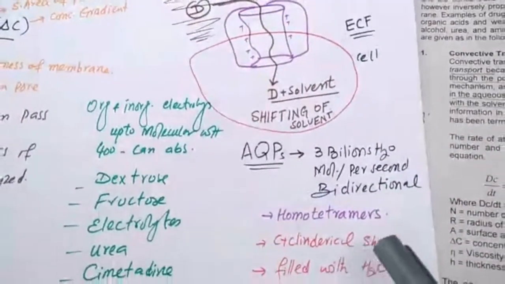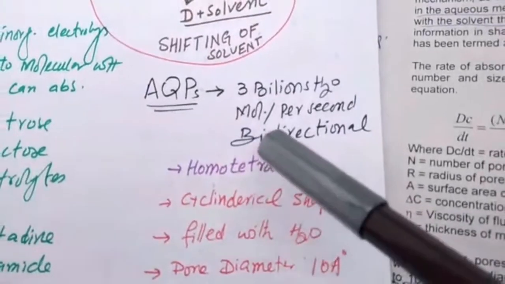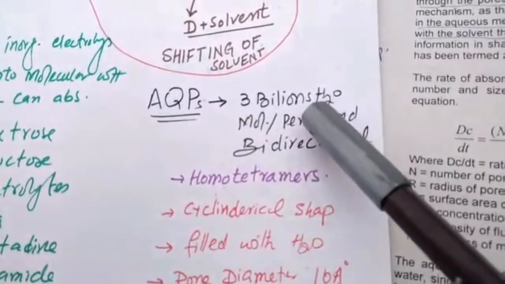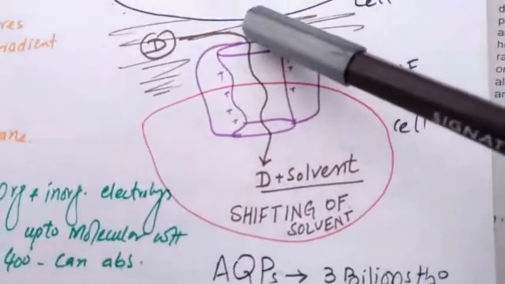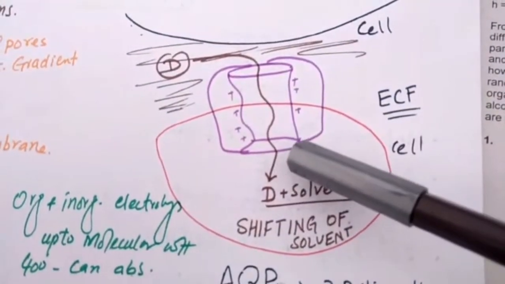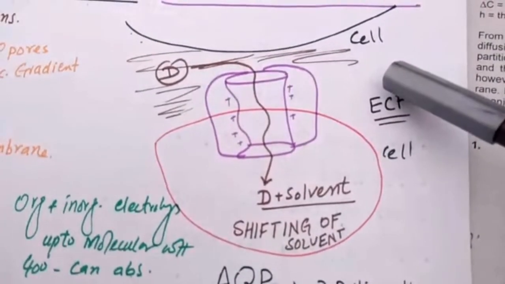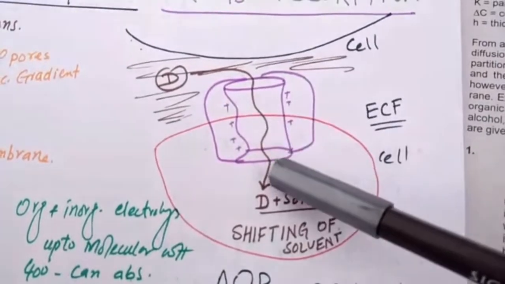One aquaporin transports approximately 3 billion water molecules per second, and they are bidirectional. The water can move from the cell into the extracellular fluid or from the extracellular fluid into the cytoplasm.